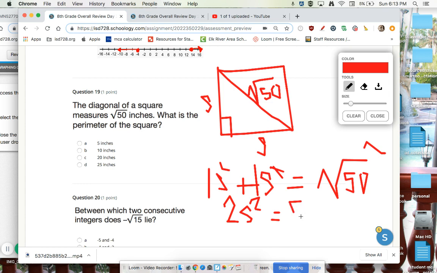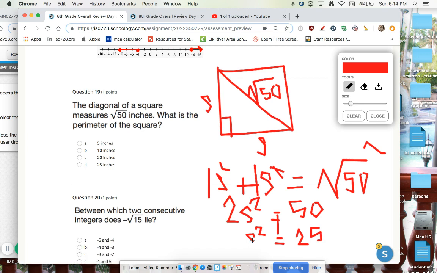It was just 50. Now I'm going to divide both sides by 2 so I can get my s squared by itself. So divide 2, and I'd get s squared is equal to 25. And then you got to get rid of your square root.